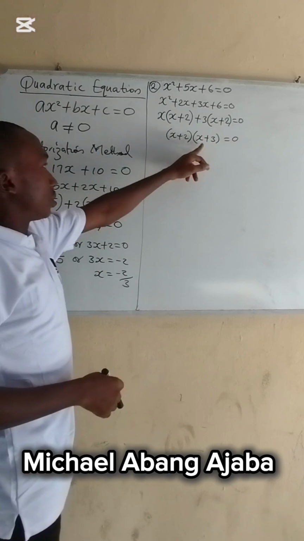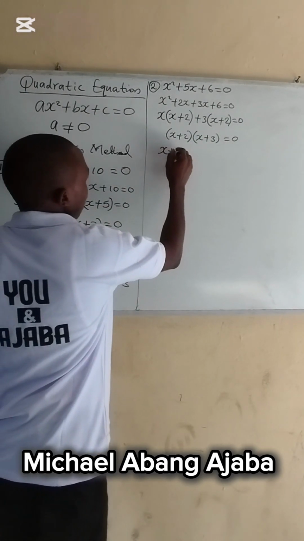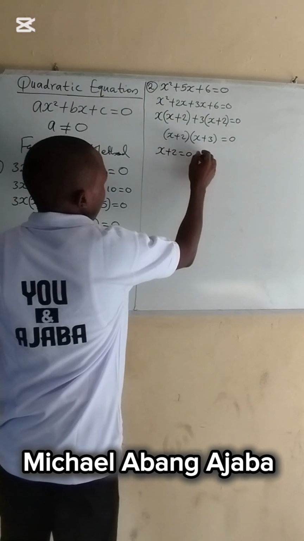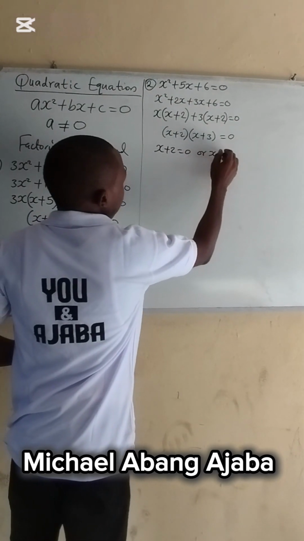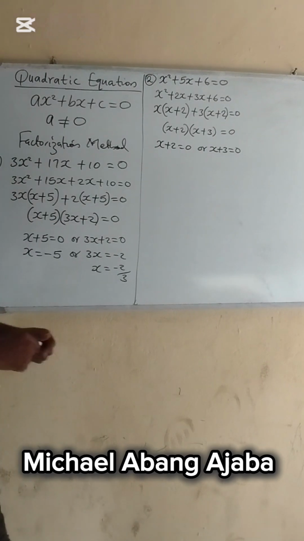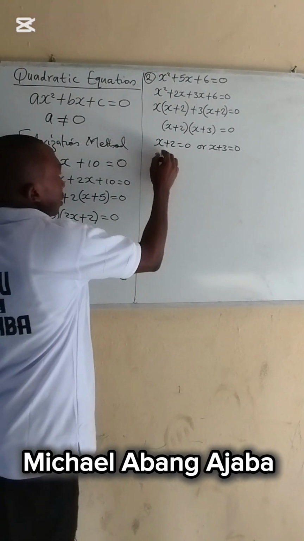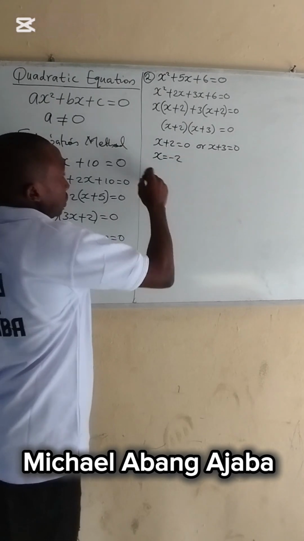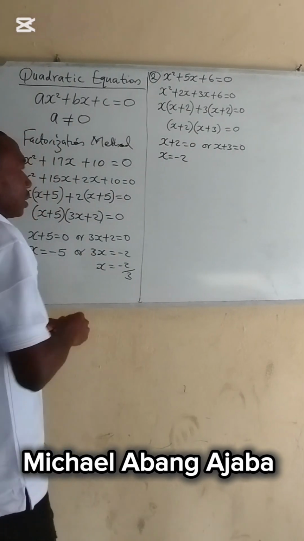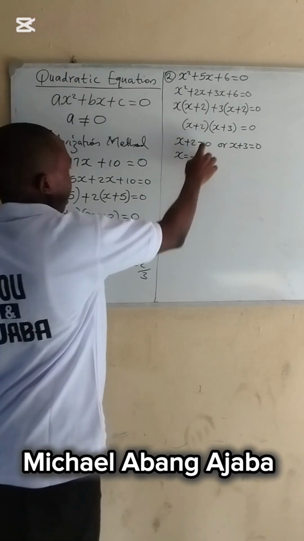And like we did in the first example, we are going to equate the two expressions to 0. Meaning here we have x plus 2 equal to 0 or x plus 3 equal to 0. If you subtract 2 from here, you're going to have x equal to minus 2. That's what we commonly refer to as crossing this to the other side.